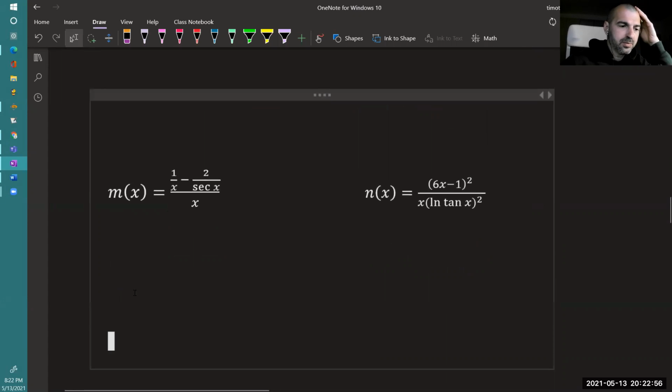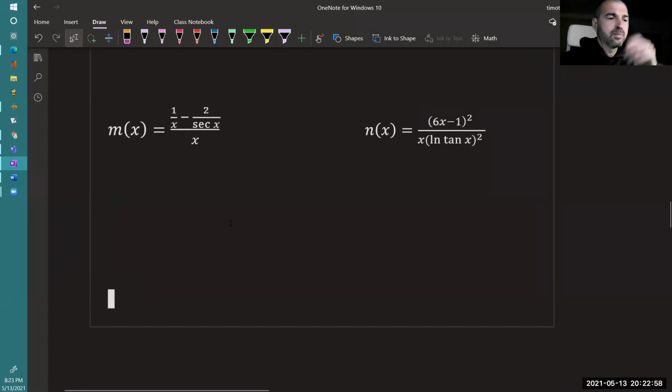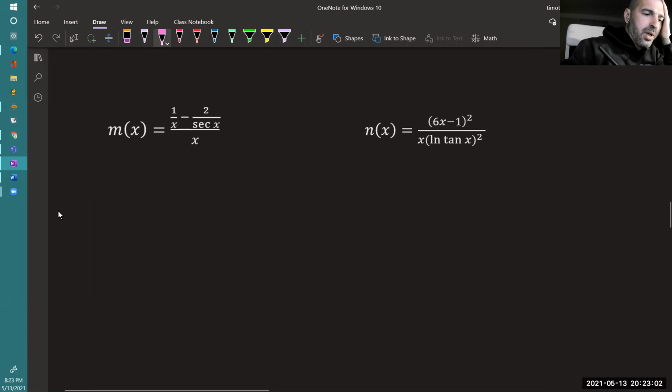All right, let's see. We got 1 over x minus 2 over secant x over x. Okay, now, a couple of ways we can look at this, all right? You could think of this as a quotient rule, all right?